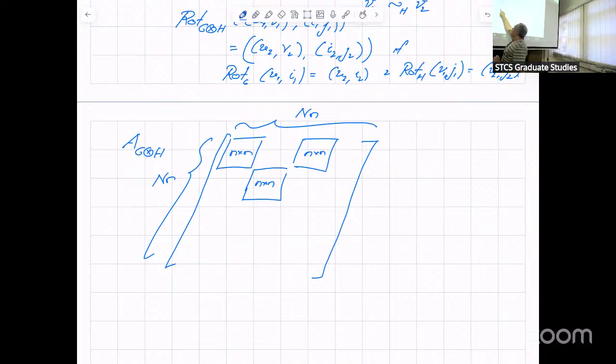If G says 1 for the ij-th entry, go to the ij-th block and replace the whole thing with that times 1. If it says 0, replace the whole thing with that times 0.